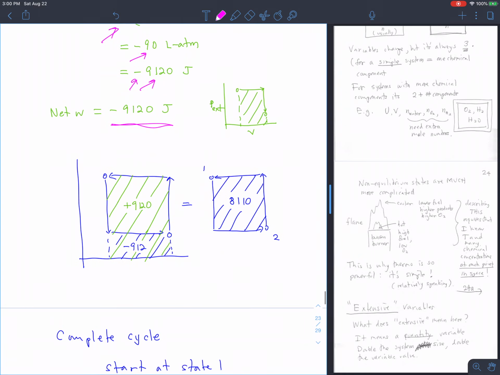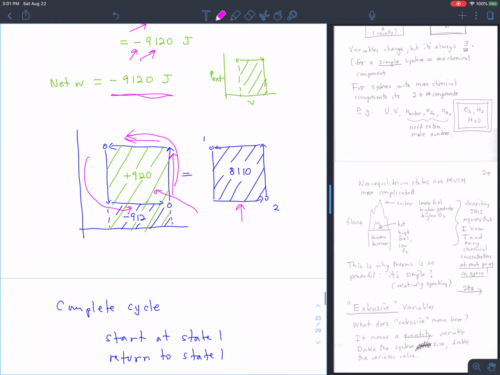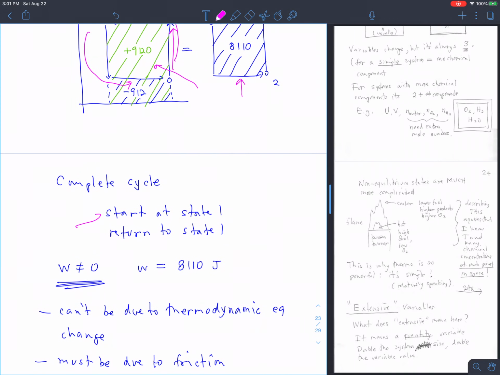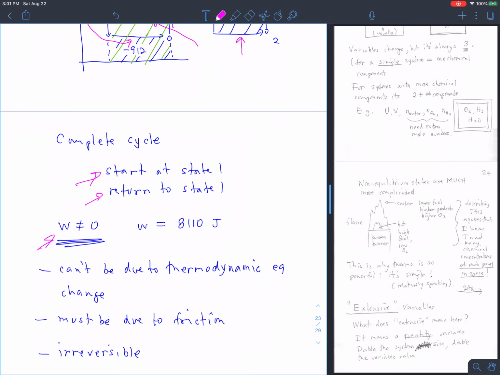And the overall work for both paths together, so let's suppose I take the first path, and then I go back by the other path, going in reverse, right? The net work is going to be the area inside that square, which is about 8,110 joules. So for the complete cycle, I start at state 1, I return to state 1, and the overall work is not equal to 0.